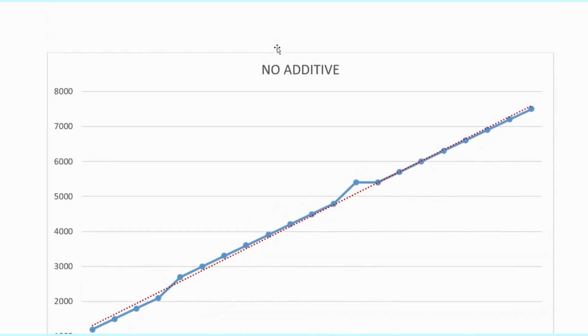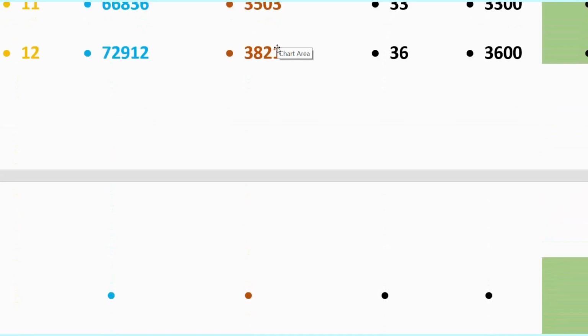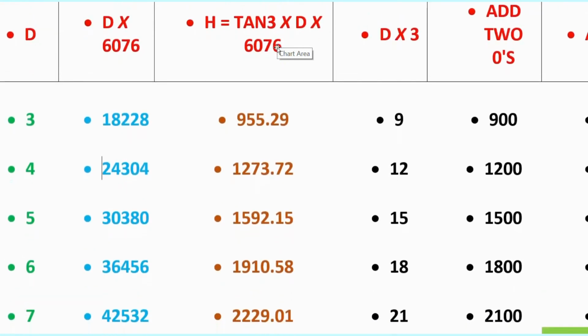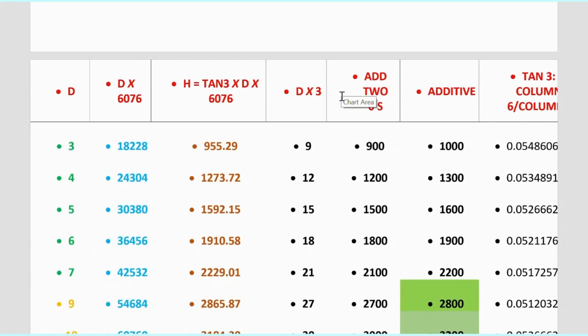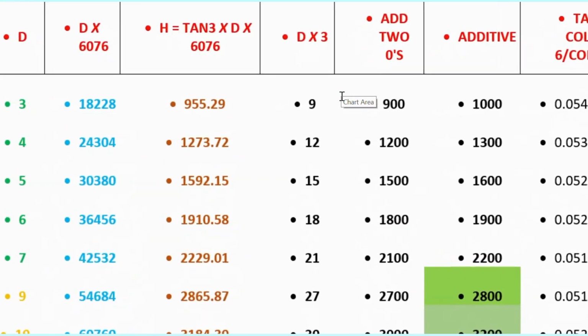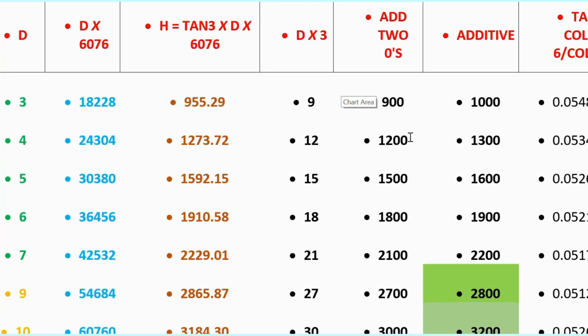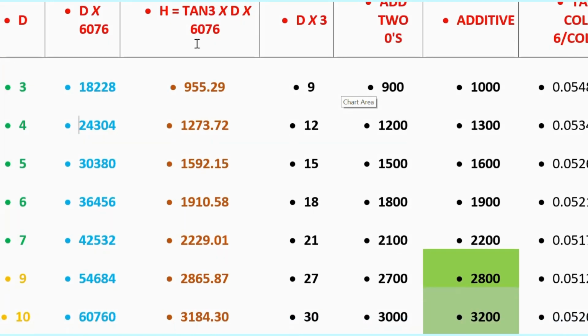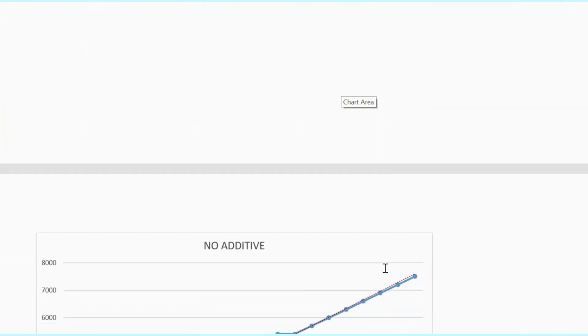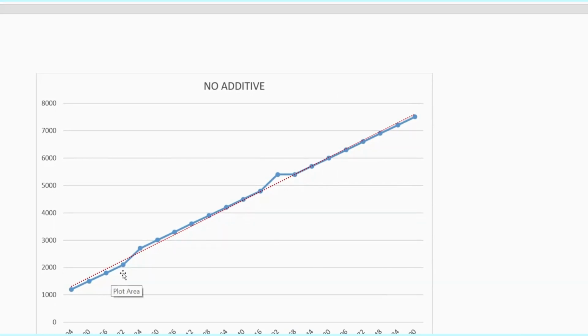So it's going to be the vertical height, this column here, versus this column here where we don't have additives. That's very important. And if you see the graph, it's quite a bit messy. It's not very straight, it's not very linear. It is linear in some cases, but it's not exactly linear. You can see there are some kinks which we have here.